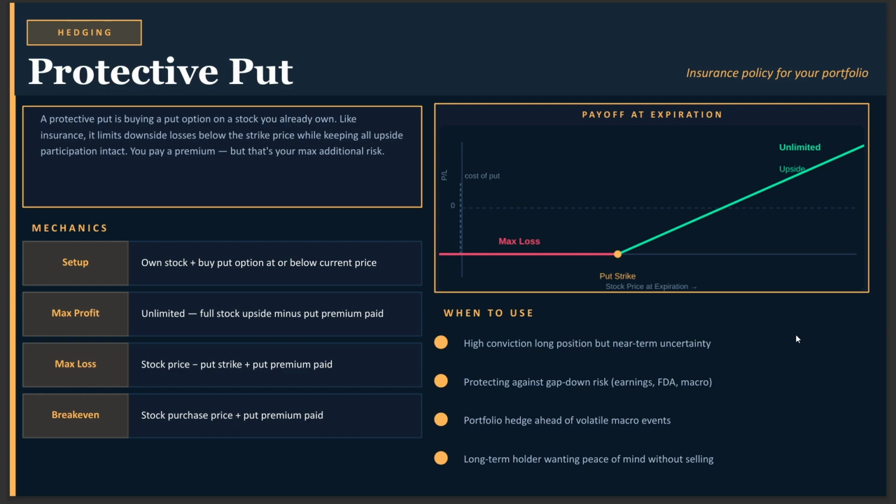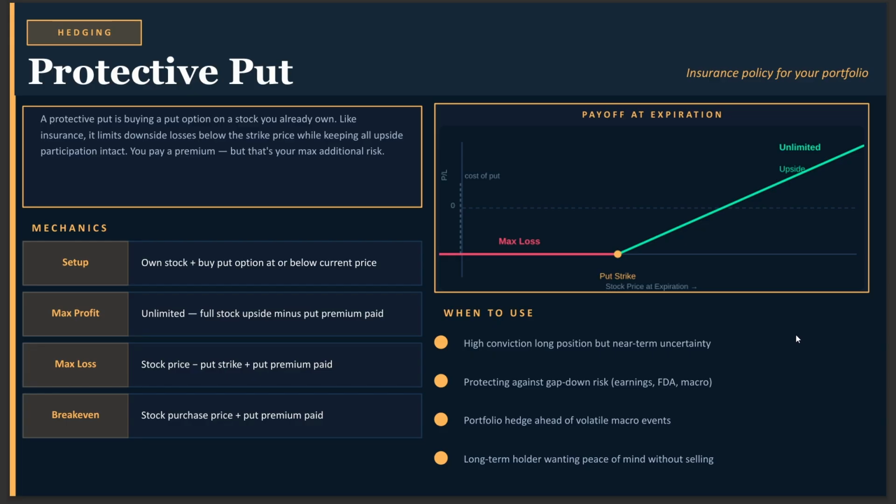Your protective put will only protect as much delta as you have shares, right? If you have 100 shares of something, you have 100 deltas. So if you're buying a protective put at the money, that's going to be roughly 50 delta. You're technically only covering half of the value of the shares to the downside, right? But if your put does get breached, you'll be going from 50 delta to 60, 70, 80 delta and higher.